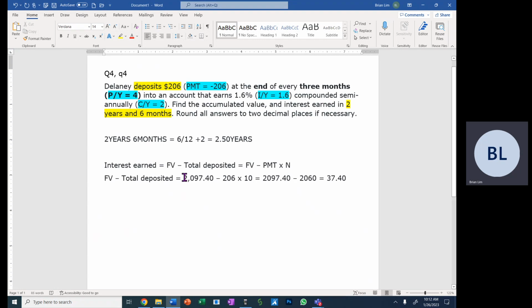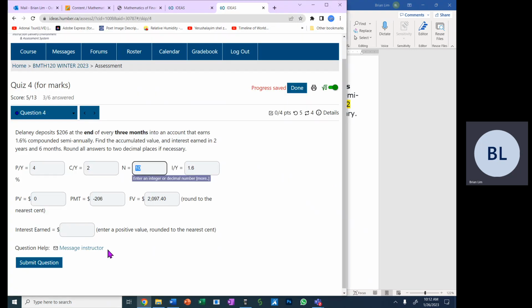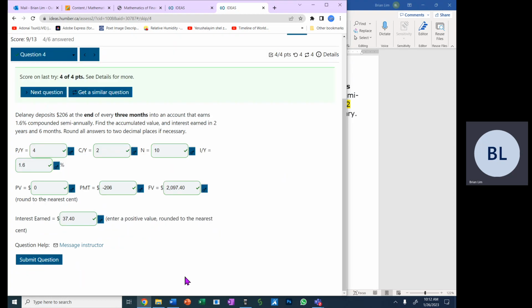So that is the future value here, and this is the total deposited over here. And so there we are. It's just following through with it, and so this should be the answer, $37.40. Let's come down here and put that number in, $37.40, and see if it's correct. And it seems as though we are correct, yes. Okay, so there we are.